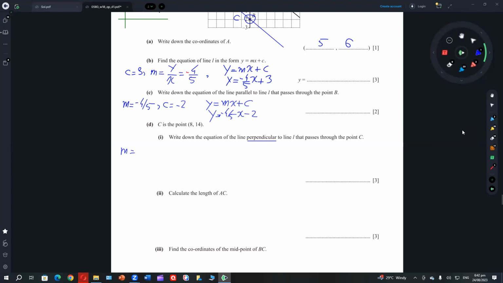And carefully see, I will change the sign and I will flip the fraction. Whenever you are dealing with perpendicular lines, remember that you have to reverse the sign and you have to reverse the fraction. Gradient is 5 upon 4. What was the gradient there? It was minus 4 upon 5. So we got the gradient and we have a point, 8, 14.